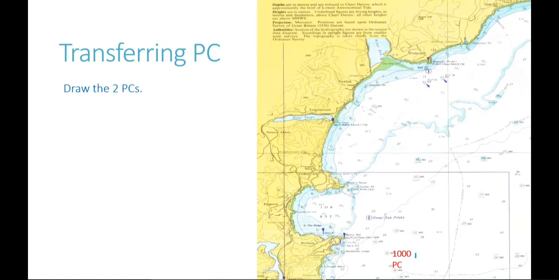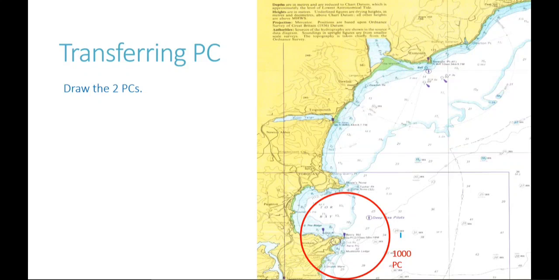One position circle we obtained at 1000 hours. That was from Berryhead. This is the lighthouse which we have. They gave us a range, and using that range and centered at the Berry Head lighthouse, we draw our first position circle. So we have our first position circle at 1000 hours. We have plotted it on the chart.